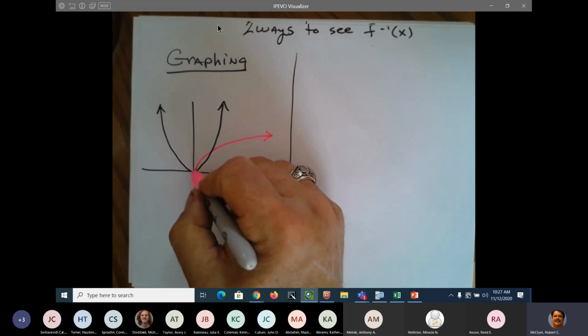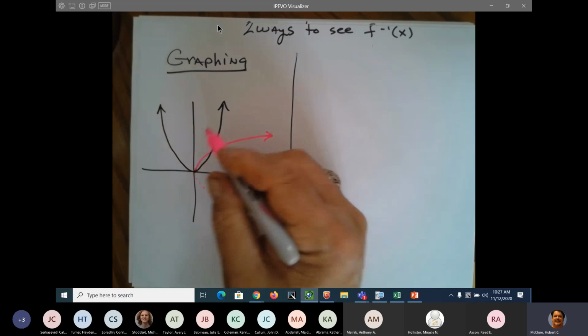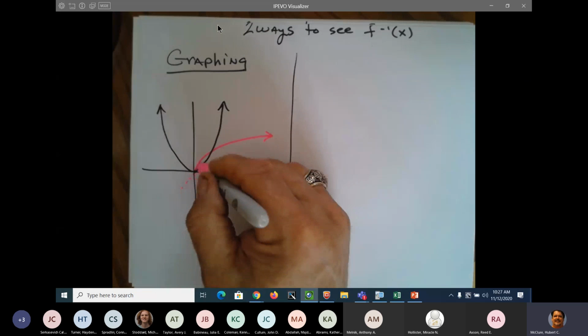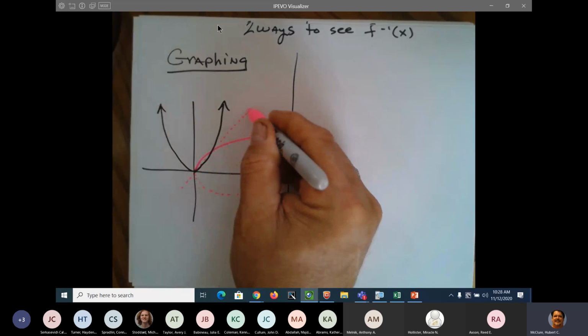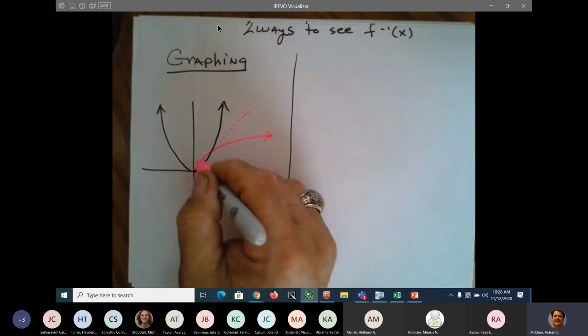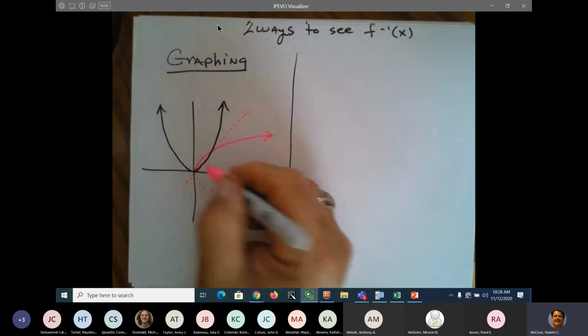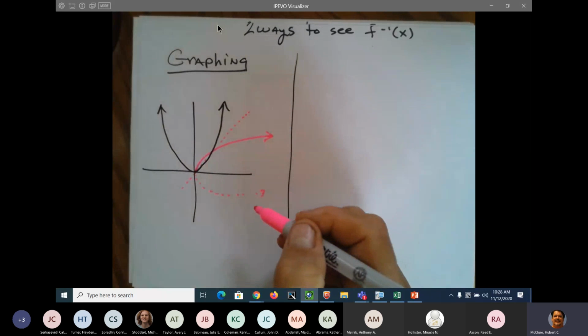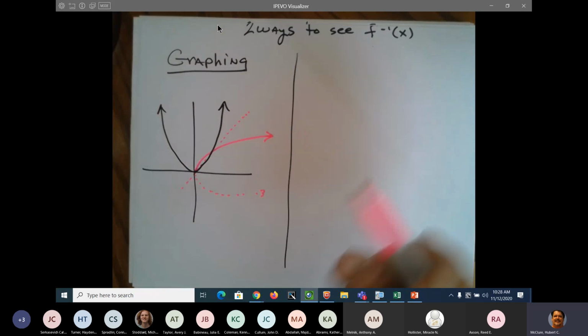You see that there's a little bit of symmetry here, and technically there's a line that goes through here called the oblique asymptote, and it's a mirror image around that asymptote. You'll see it in just a minute.